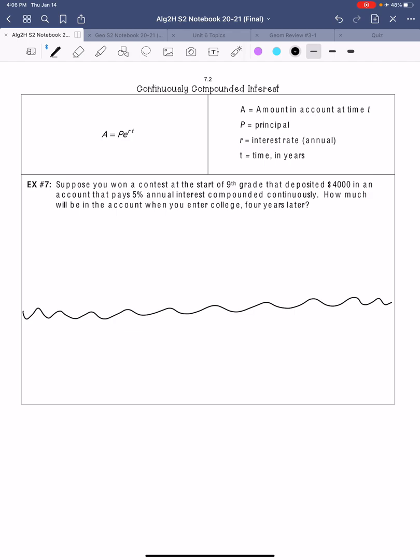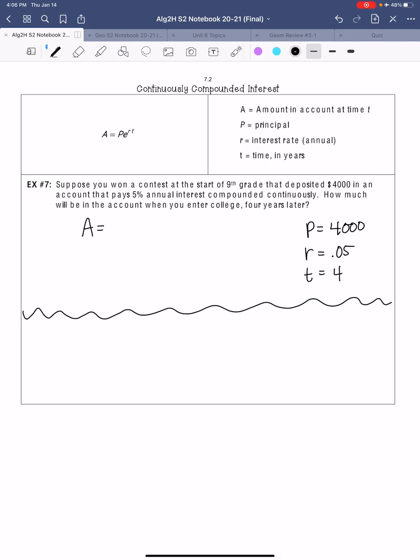So we're going to have A equals, and let's talk about what all these are. My principal amount was $4,000. That's how much I'm starting with. My rate is 5%, so that's 0.05 as a decimal. And my time is going to be 4. Remember, your rate, you need to change it to a decimal.